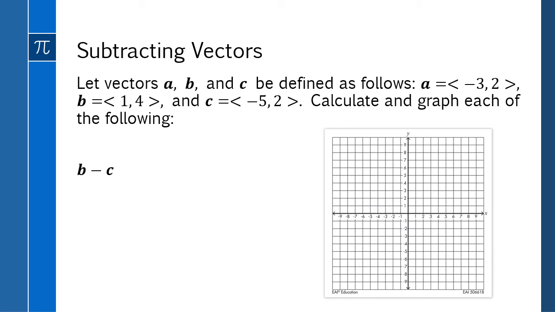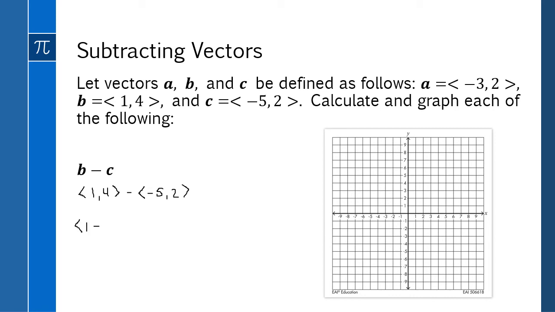Let's do another example. This time let's do b minus c. So mathematically, we can subtract 1, 4 minus negative 5, 2. So subtracting the x coordinates, and here just be careful when you're subtracting negatives.